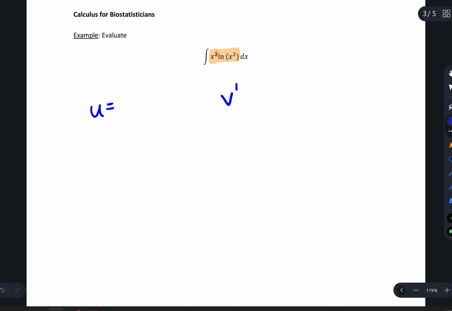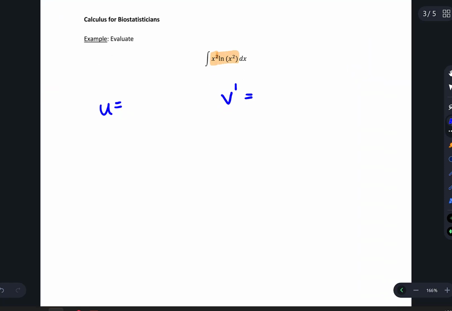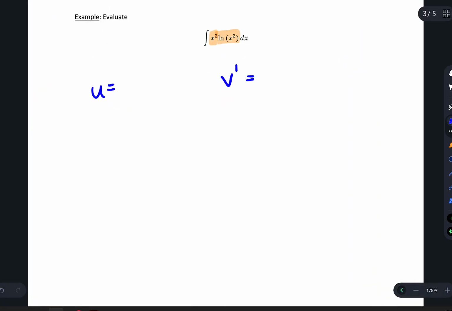And so again, it might take you some trial and error. Now in this case, I know that u prime is going to end up in the integral piece, that new integral piece that I'm going to have.